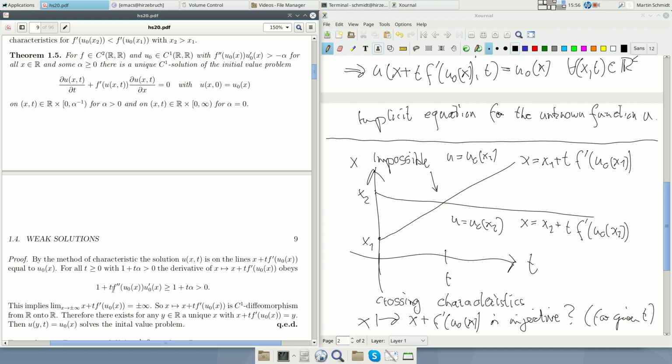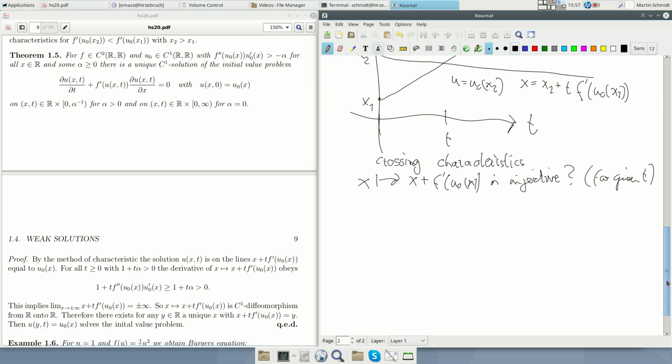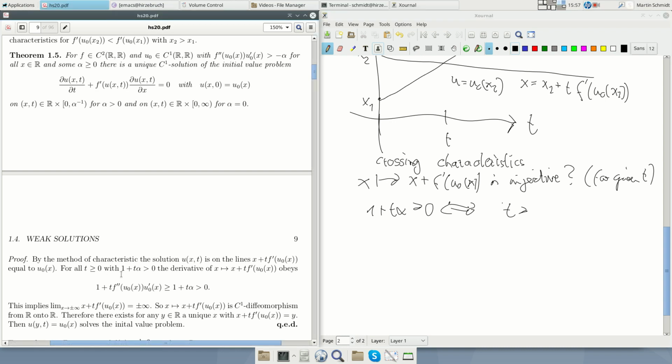Since we only consider non-negative times, this is larger than this, and this is of course larger than 0, as long as 1 plus t alpha is larger than 0, which is equivalent to t being larger than some bound.